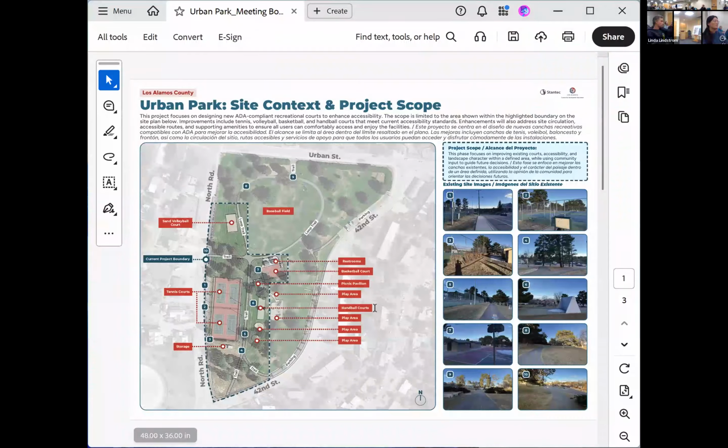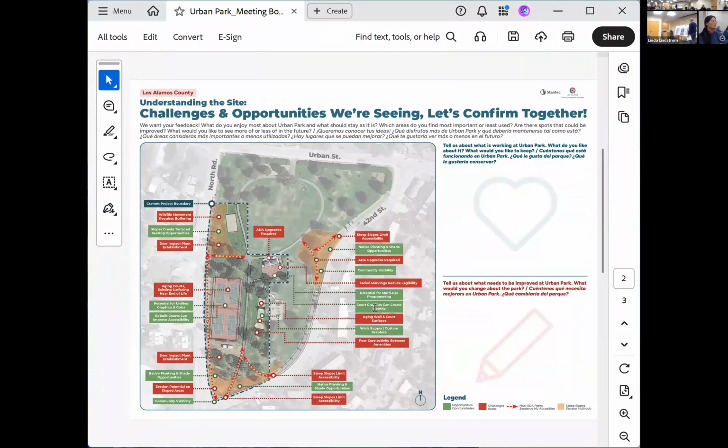The next board shows challenges and opportunities that we're seeing out on the site. This was done from our initial site visits, our walk-arounds, technical data that we received, and other information. This by no means represents a design at this point; it is just what we've observed.